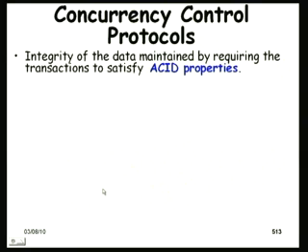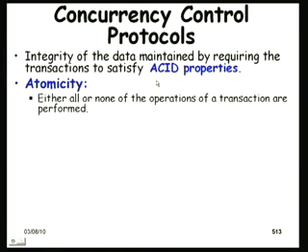The concurrency control protocols disallow certain interleavings and allow only certain interleavings which will satisfy what are called the ACID properties. The ACID properties are atomicity, where either all or none of the operations of the transaction are performed.